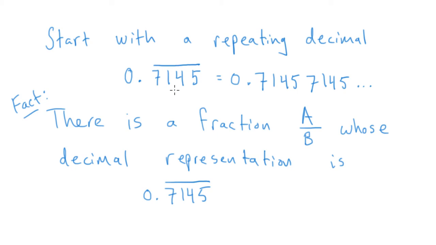Of course, if it's a terminating decimal, that's a really easy thing to do. You just take the decimal and then divide it by whatever power of 10 gives you that terminating decimal. But for a repeating decimal, it's a little bit more complicated, but it's very interesting. Okay, so let's see how this is going to work.